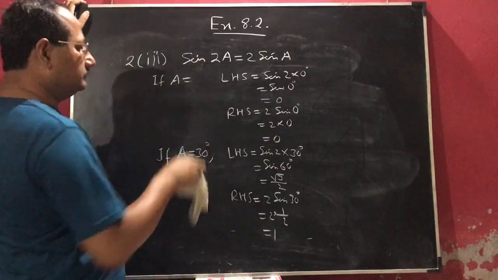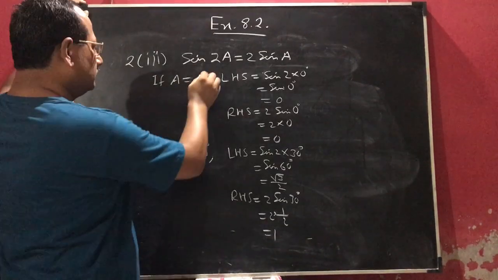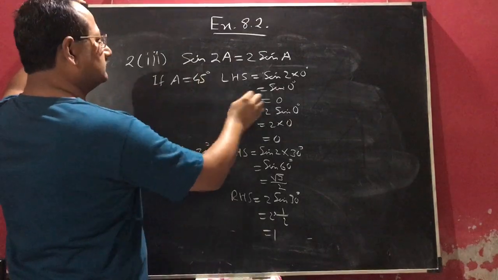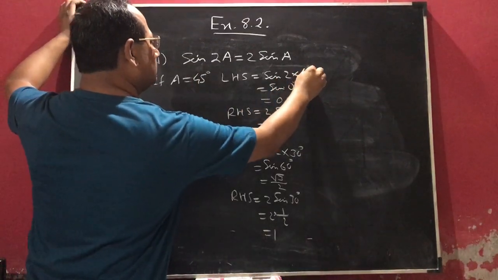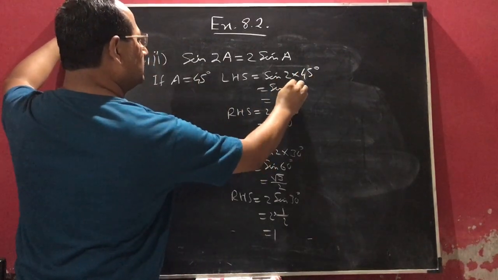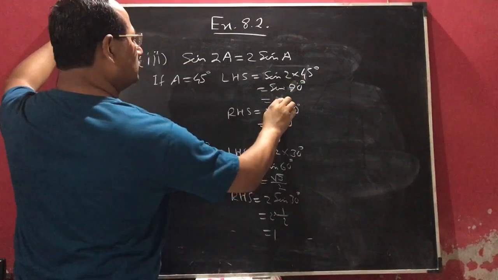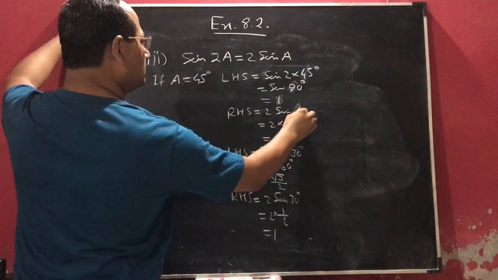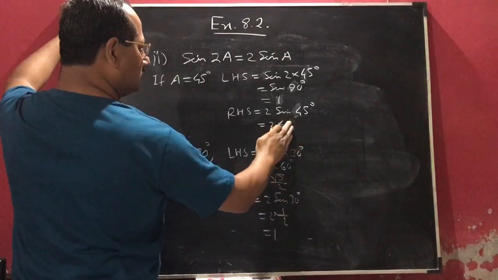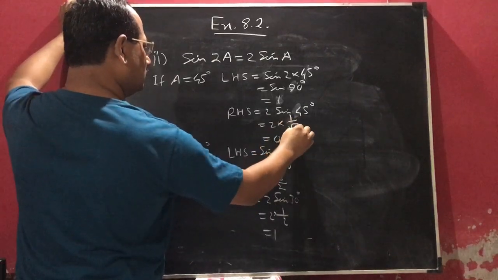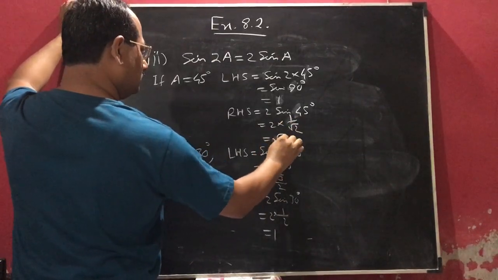If A equal to 45 degree, then left hand side is sine of 90 degree, that is equal to 1, and right hand side is 2 sine 45 degree, that is 2 into 1 by root 2, that is equal to root 2.